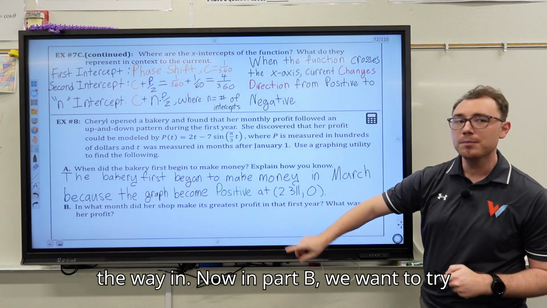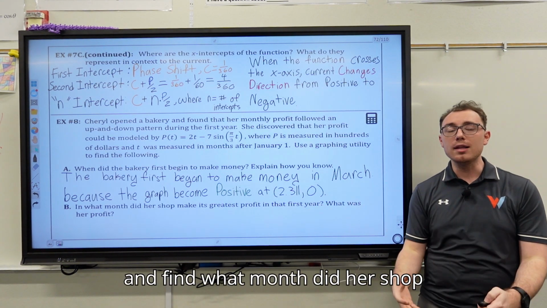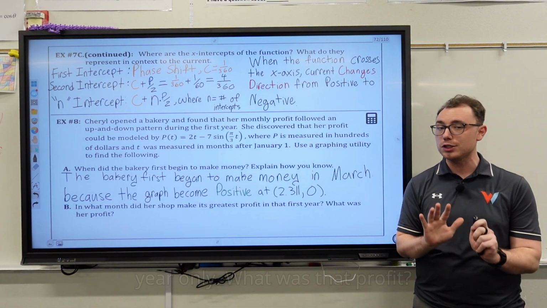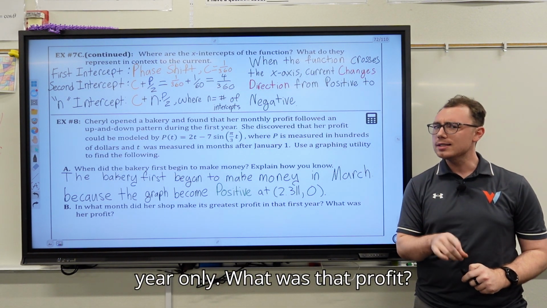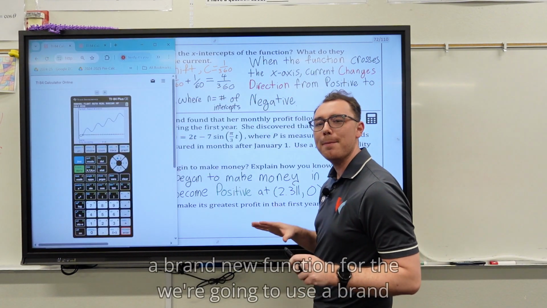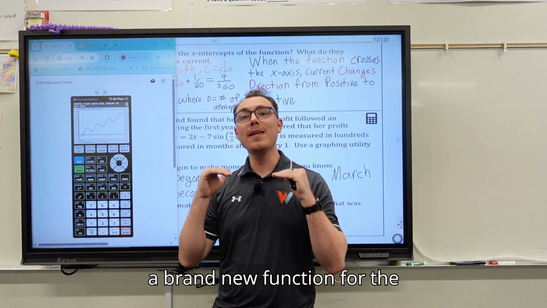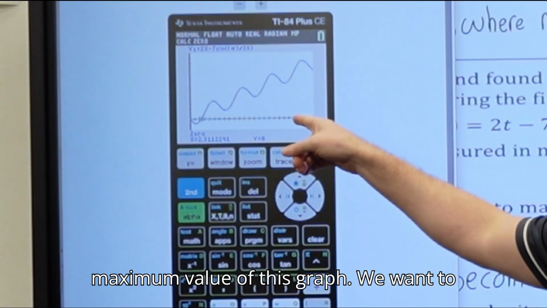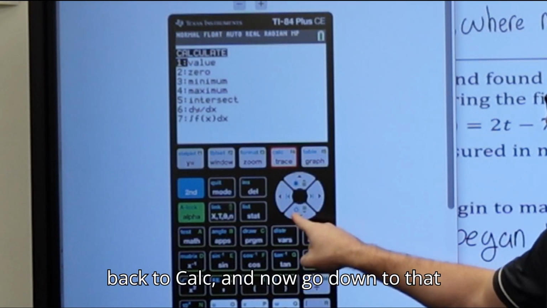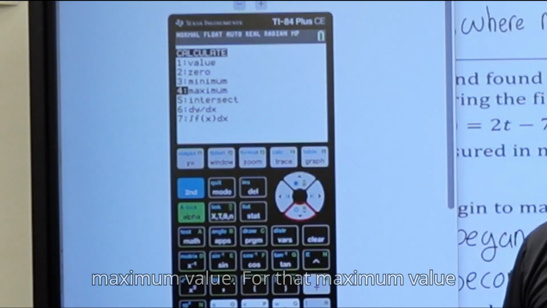Now, in part B, we want to try and find what month her shop made the greatest profit in the first year only. What was that profit? We can go back to our graph here, and we're going to use a brand new function for the maximum value of this graph. We want to hit the second option here, and then go back to calc, and now go down to that maximum value.